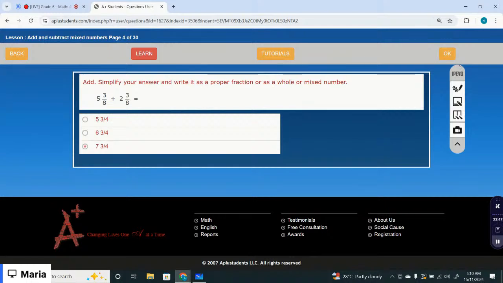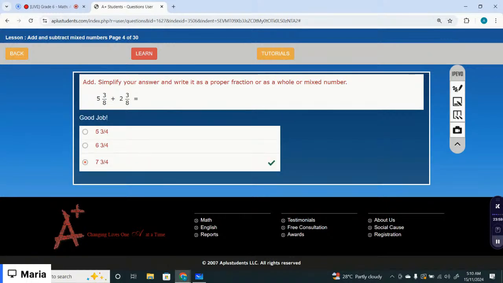Yes, 6 over 8, but you can divide by the greatest common factor, that is 2. So that would be 7 whole 3 over 4. Option number 3 is the correct option.